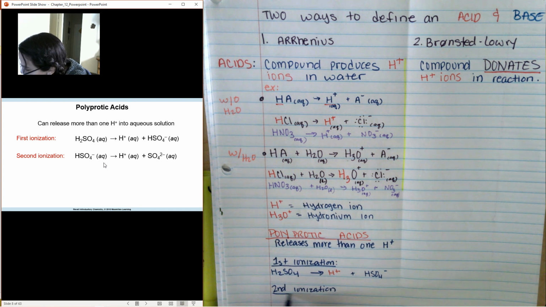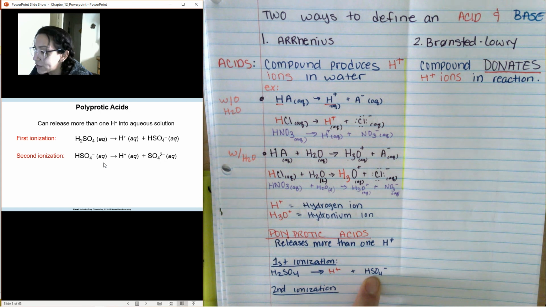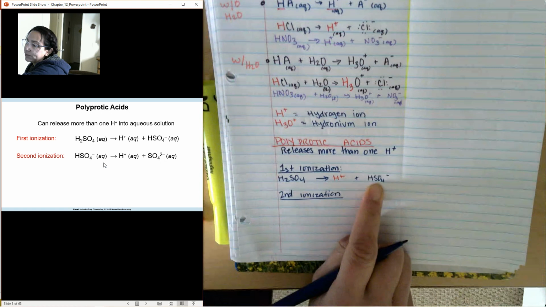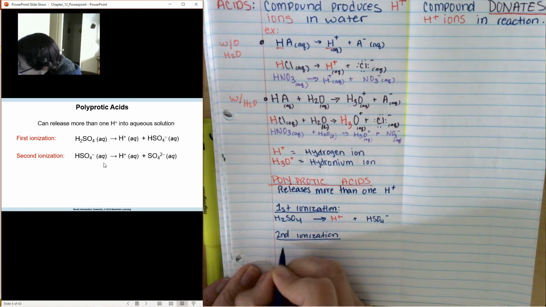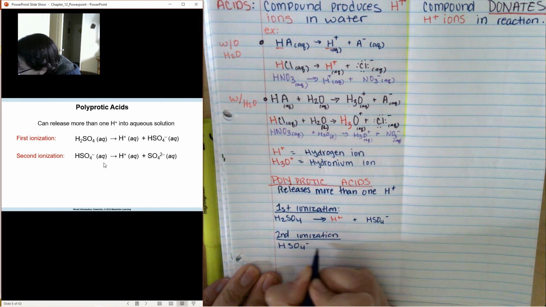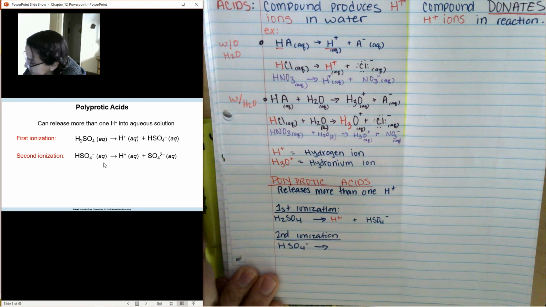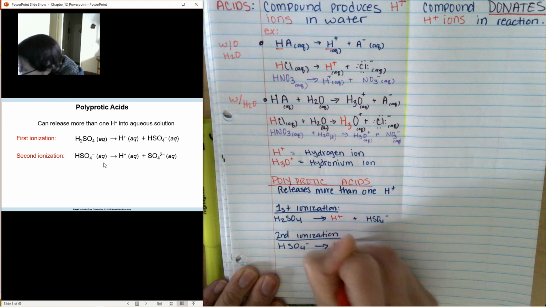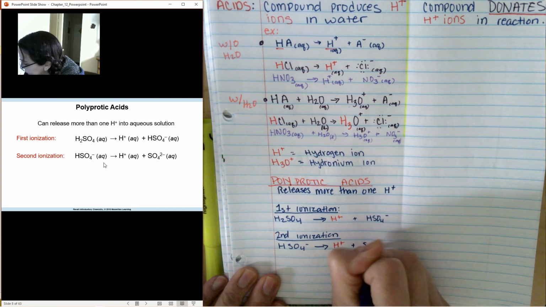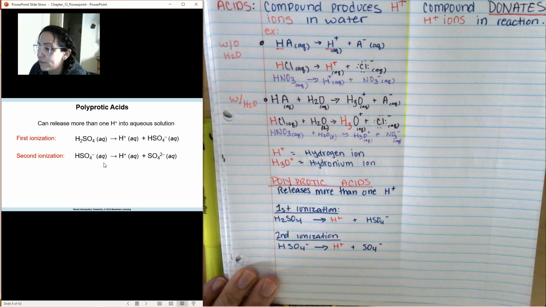We're starting off with the product that we left off with, HSO4, which is going to dissociate, and we're going to have that hydrogen ion, hydrogen ion number 2, plus SO4 negative.